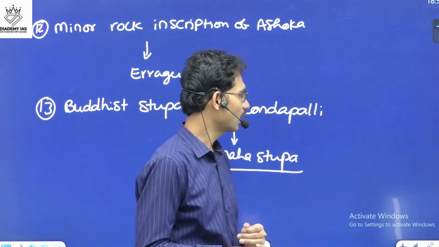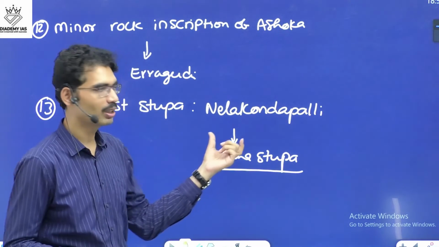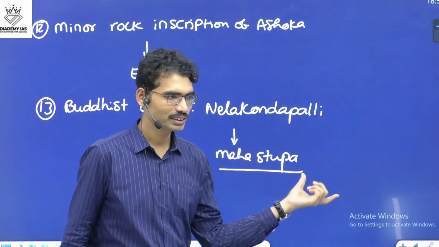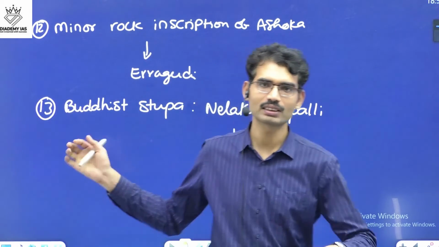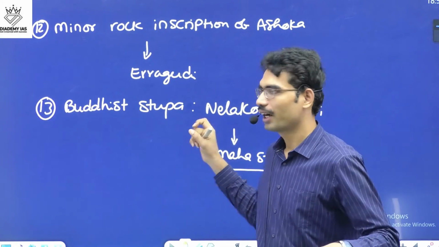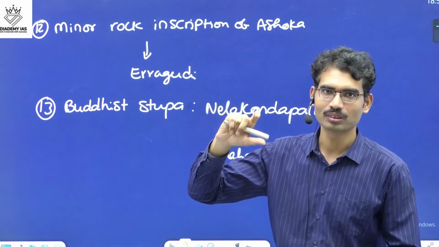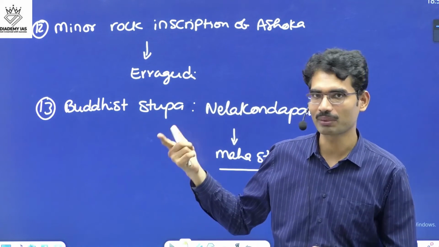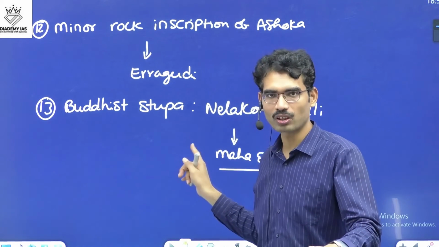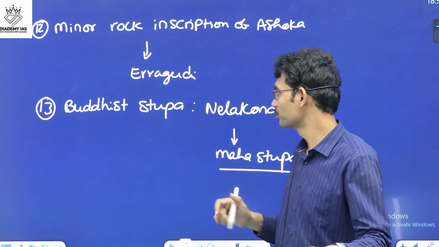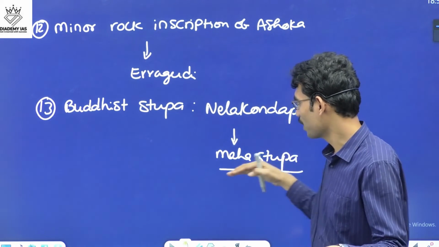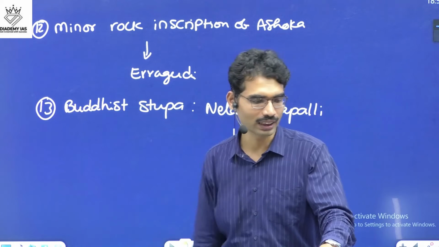This area is important not only for Buddhism but also for Vaishnavism. The person who constructed the Bhadrachalam temple, Bhakta Ramadasu, also belongs to this nearby area. Nelakondapalli Mahastupa, this is the 13th one.